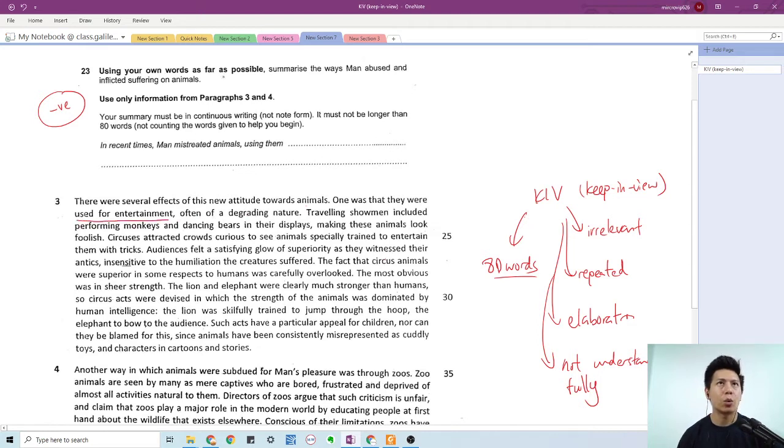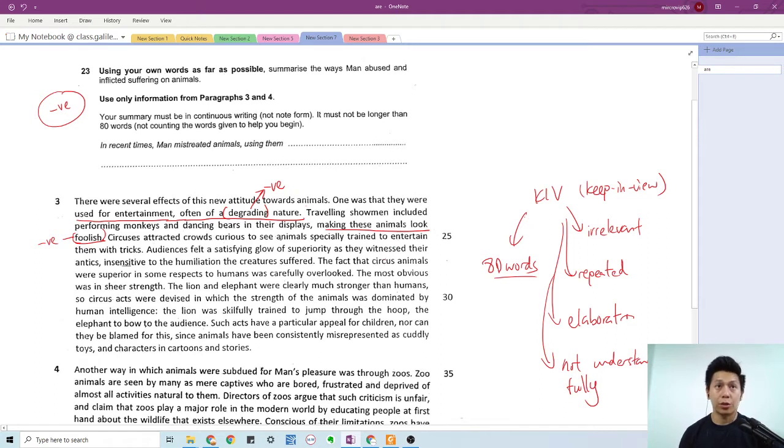We could see this is the way they were used, but here, this is the part where you will say, that's something negative, and I believe this whole thing is therefore a point. Moving on, traveling showmen included performing monkeys and dancing bears in their display, making these animals look foolish. The word foolish tells us, hey, this is bad, negative connotation.